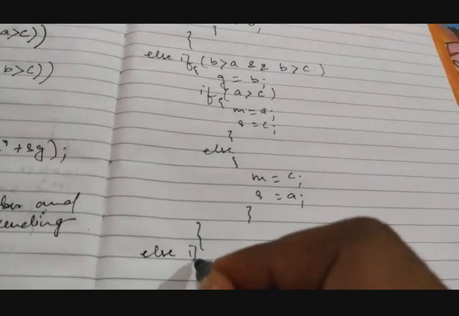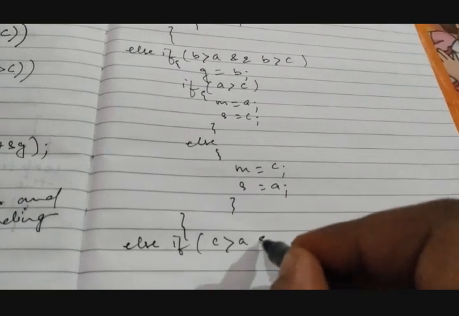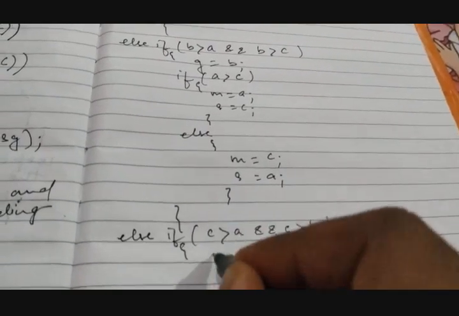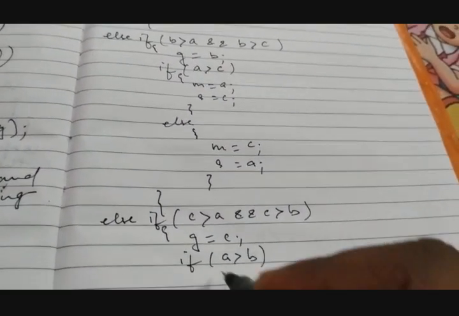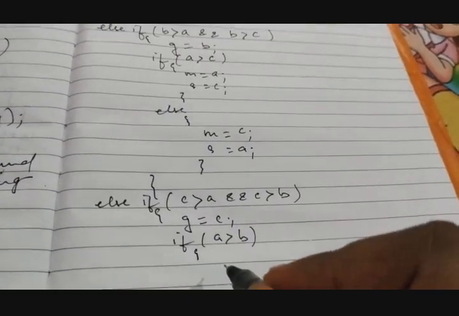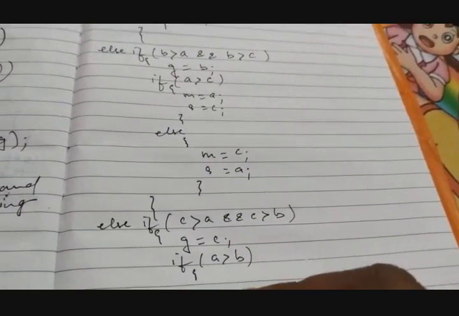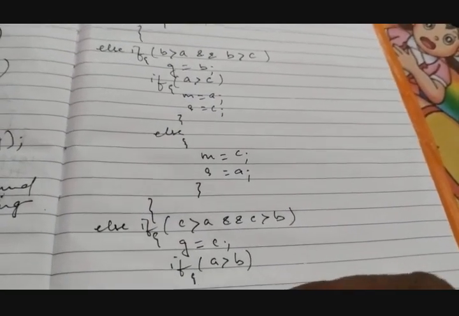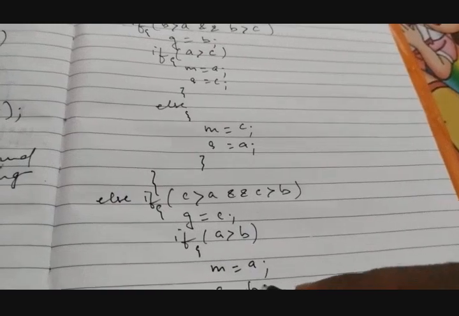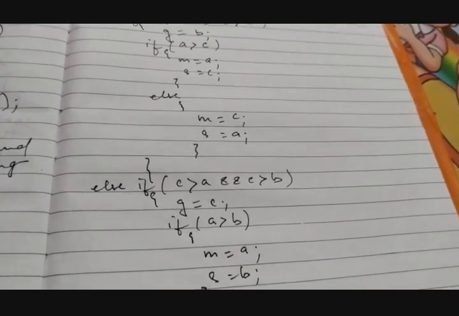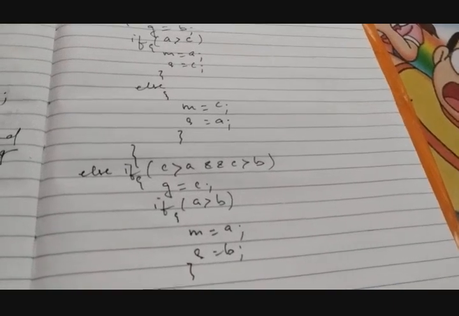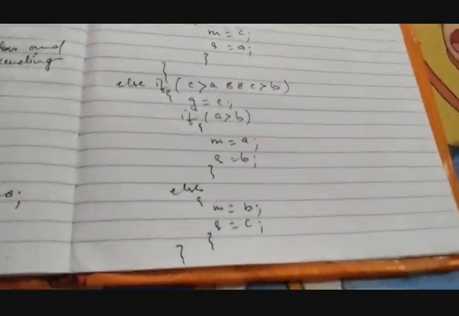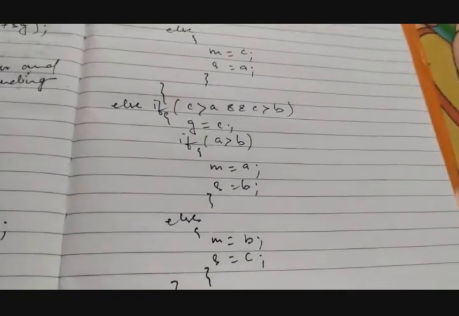So else, if C is greater than A and C is greater than B, then greatest is C. If A is greater than B, then middle equals A and small equals B. Else middle equals B and small equals C. So this is how you got the greatest, middle and smallest.